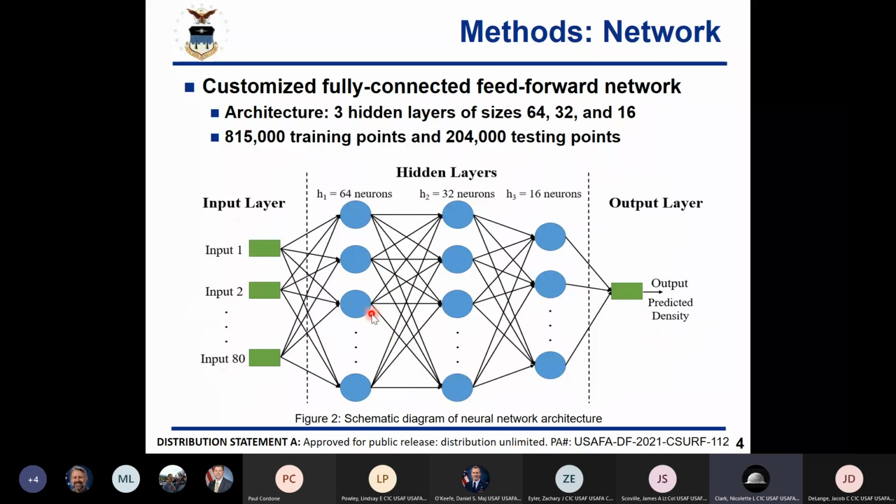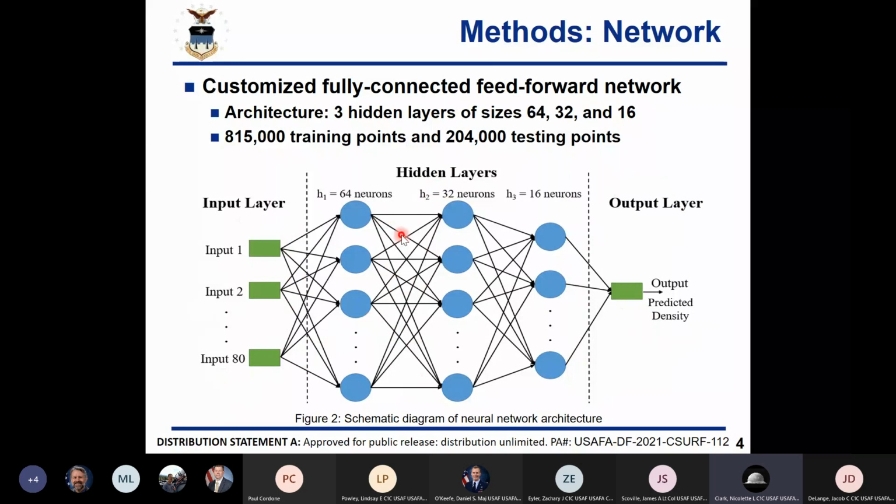And inside each node, as I said a minute ago, there is a linear model, and all of these linear models working together are able to identify underlying patterns in the data set and essentially map out how the inputs that we give to the model are related to that output of plasma density.